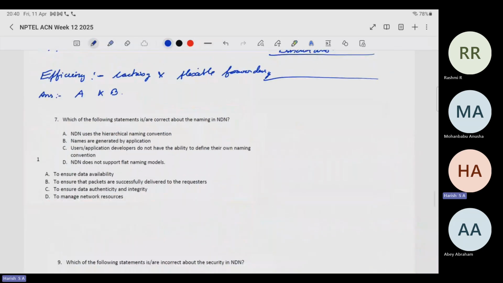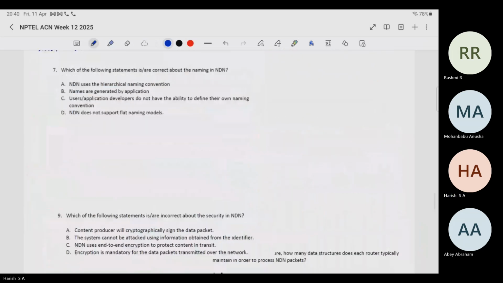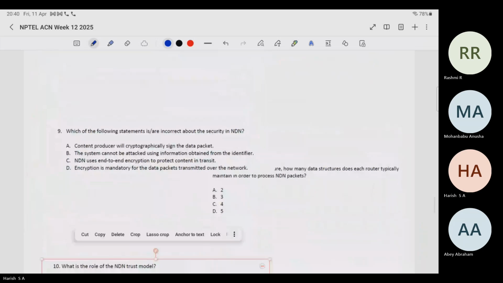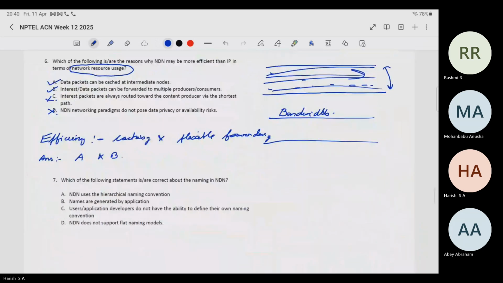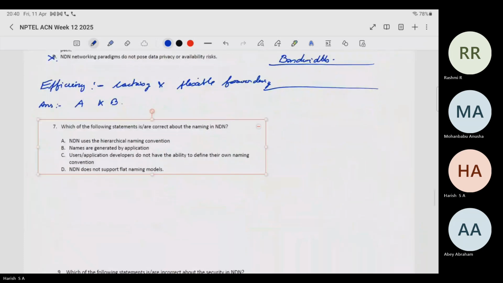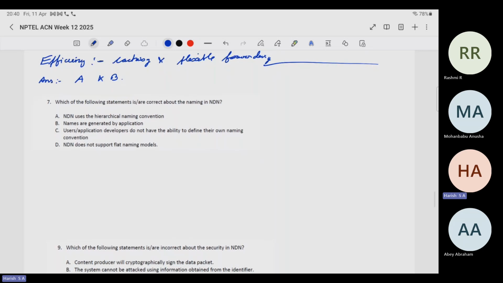And now the seventh question is: which of the following statements is/are correct about naming in NDN? NDN uses the hierarchical naming convention.